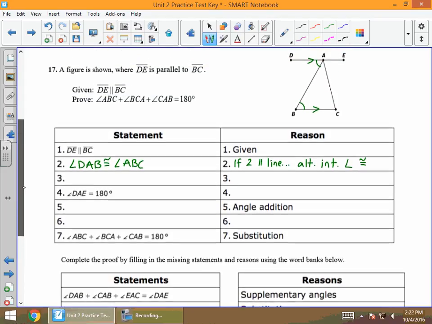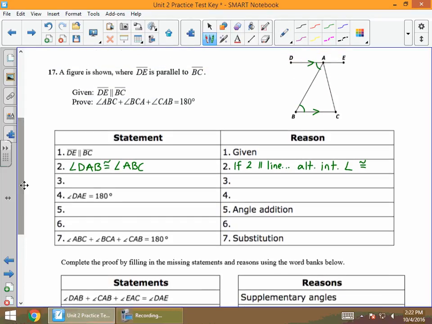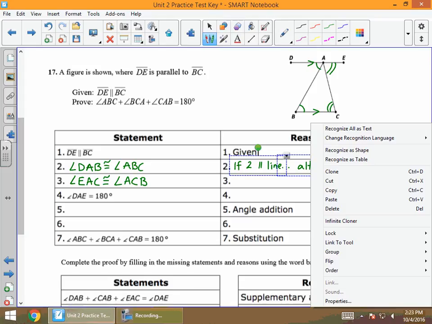All right, going back and looking at the picture again, those two parallel lines, let's look at a different transversal. Let's look at transversal AC. Right, transversal AC, I again have alternate interior angles. So as I look through my list of statements, I have angle EAC is congruent to angle ACB by the same exact reason.